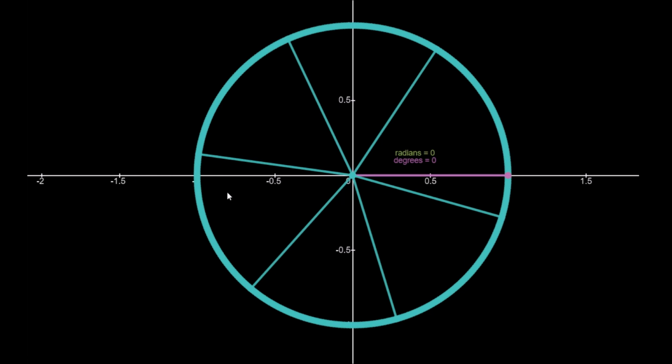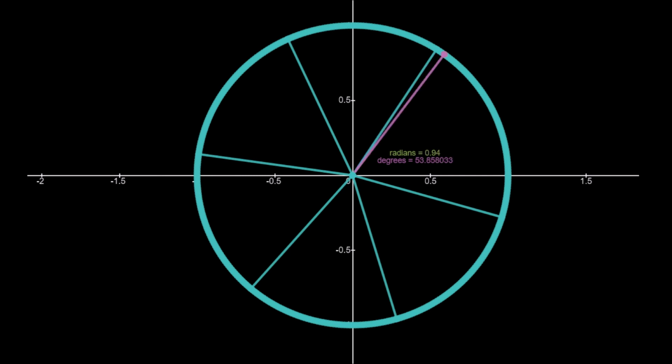So I'll press play on this just now and we can watch this work its way round. It's a little pink line here, and you can see it's counting its way round, and you can see the degrees and the radian values. Now if I get up to this blue line here and I press pause, we'll see that at this blue line we have 1 radian.